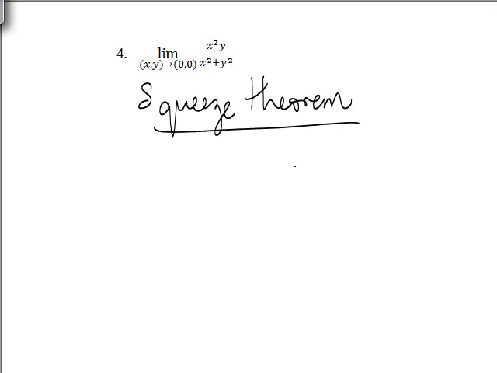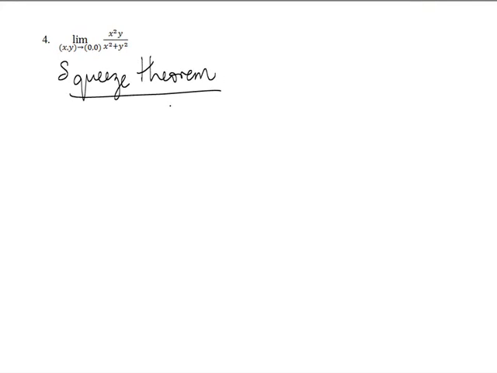What is the squeeze theorem? Let's just remind you. You take the function you have to find the limit of, and you squeeze it in between two functions that you can find the limits of easily. Now, these two functions on the outside, it's like a sandwich, right? You have the cheese inside the two slices. The cheese would be the function you have to find the limit of.